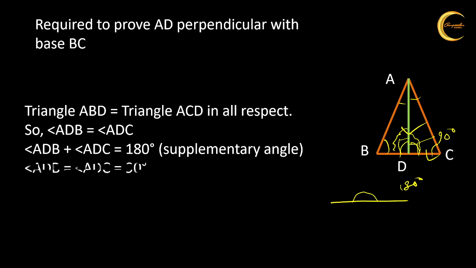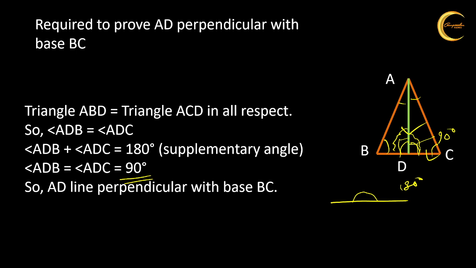So these two angles are equal, so this one angle equals 90 degrees. So we can say this AD line is perpendicular to the BC line. Okay. Now we have proved that this AD line is perpendicular to the base BC line.